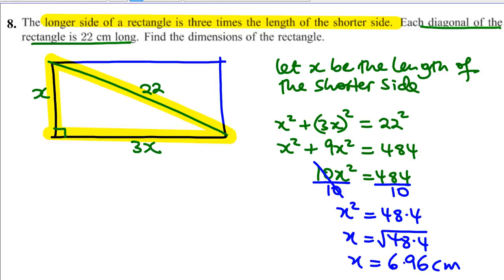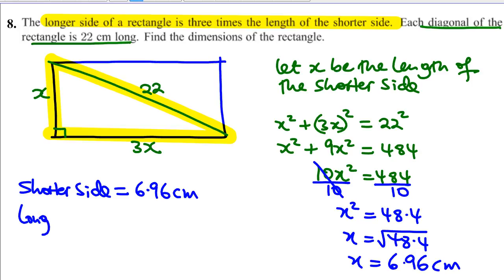So you can say that the shorter side will be x, which is 6.96 centimeters, and then the longer side will be 3 multiplied by x, which is 3 multiplied by 6.96, which will give us 20.88 centimeters.